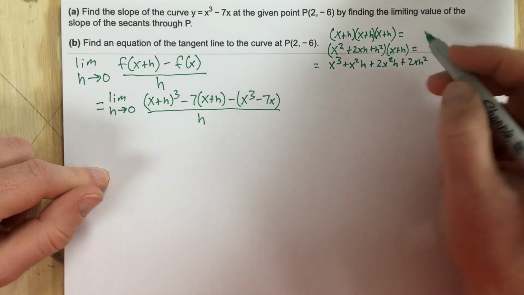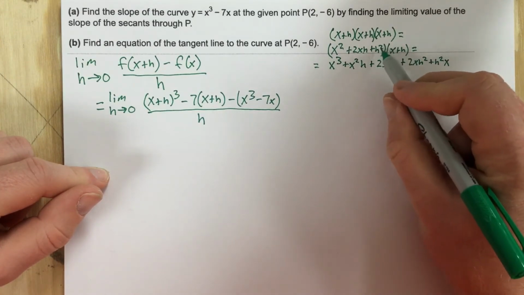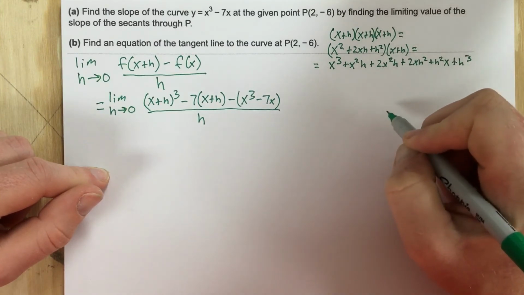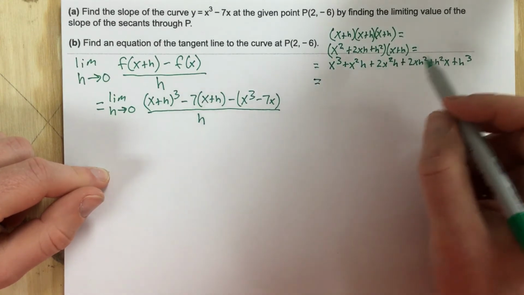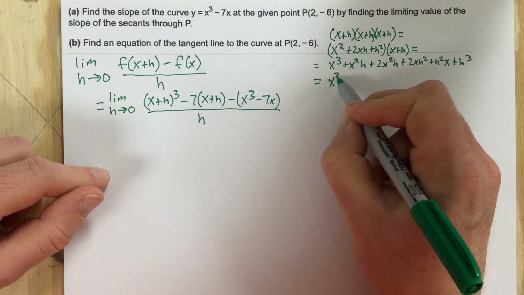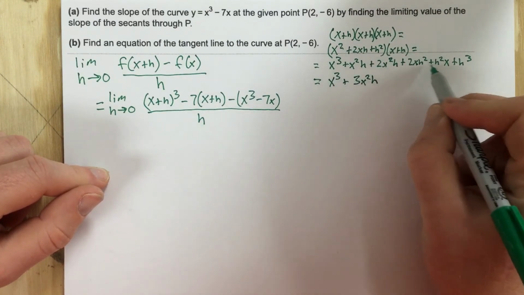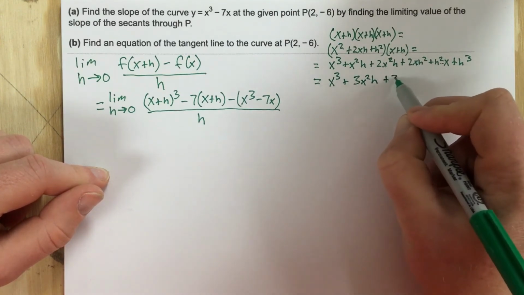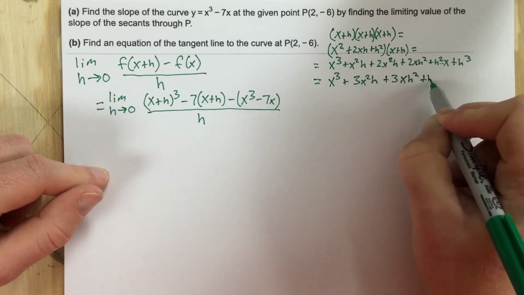H squared times x is plus h squared x, and then h squared times h is plus h cubed. Then I can combine like terms, so I have x cubed plus 3x squared h, plus 3xh squared plus h cubed.